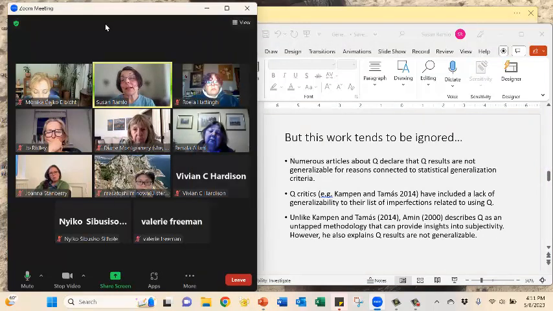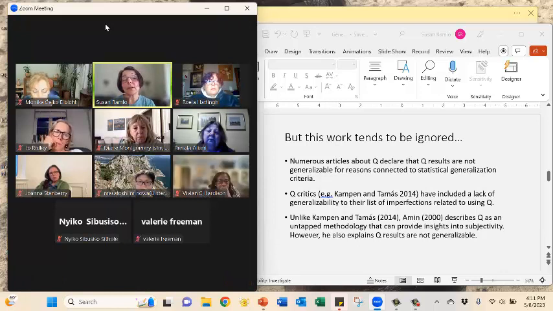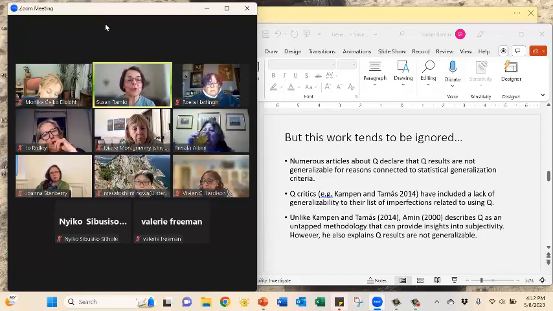Generally, as I mentioned, the Baas and Thomas article has been ignored a lot. Kampen and Tamás, who I like to refer to a lot, were very critical. They had an article in 2014, and then there was a back and forth between some Q methodologists and Kampen and Tamás about Q methodology, and they included lack of generalizability as one of their list of imperfections related to Q methodology.